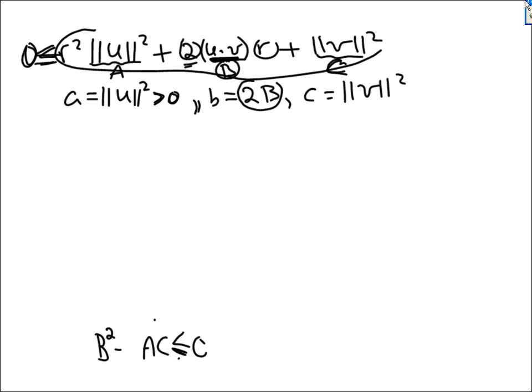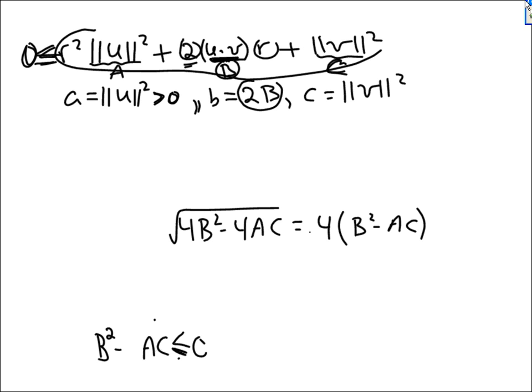Remember we factored out the 4. We had 4b squared minus 4ac, and this became 4 times b squared minus ac, and we had the square root. I can take the square root separately. This number was 2, and the 2 actually canceled out with the 2 in the bottom. I hope I had that, I just wrote it down here wrong.